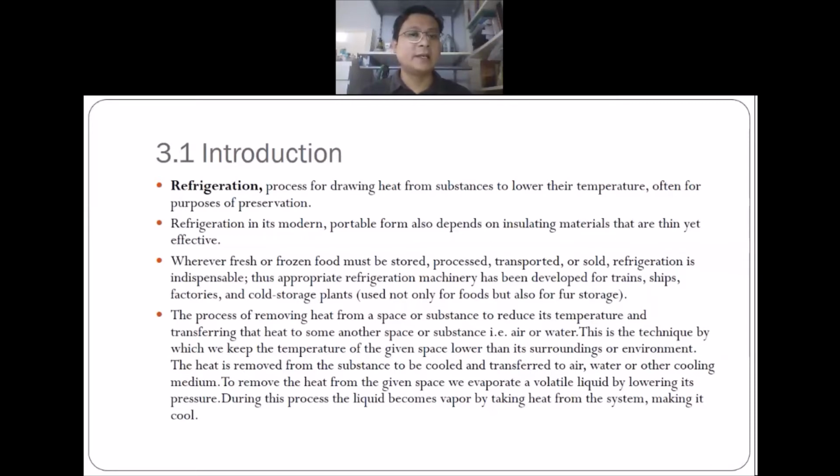Okay. And then we go to the next bullet, talking about wherever fresh or frozen food must be stored, processed, transported, or sold, refrigeration is indispensable. Thus, appropriate refrigeration machinery has been developed for trains, ships, factories, and cold storage plants, used not only for food but also for storage.